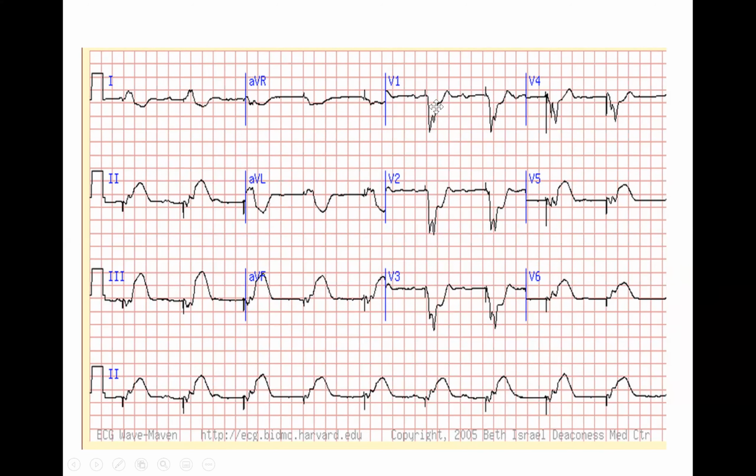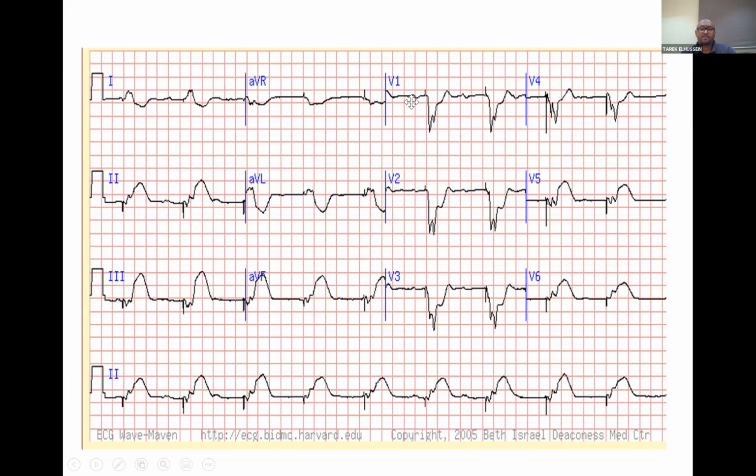There is a very bizarre QRS. So once you see a very bizarre wide QRS, look for pacer spikes. You can see clearly here that there are pacemaker spikes, and after each spike there is a ventricular complex.